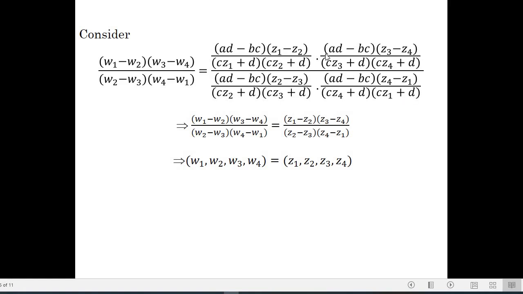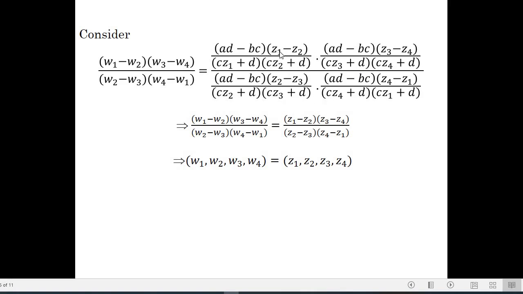Now if you observe the RHS term, in numerator and denominator AD minus BC get cancelled. Similarly here AD minus BC get cancelled. In the denominator terms, CZ1 plus D, CZ1 plus D, CZ2 plus D, CZ2 plus D, CZ3 plus D, CZ3 plus D, CZ4 plus D, CZ4 plus D, these terms get cancelled.